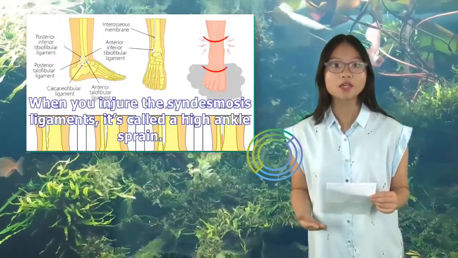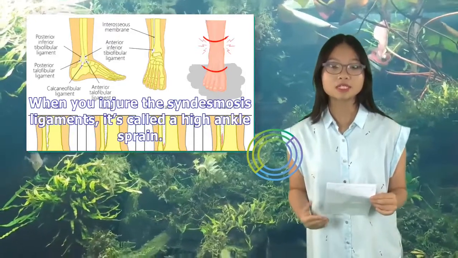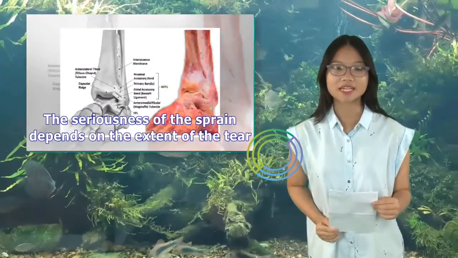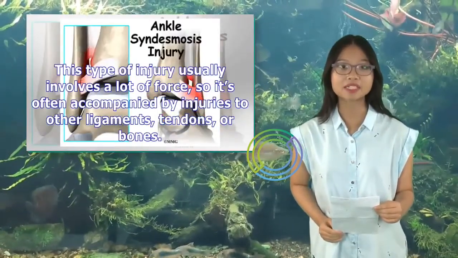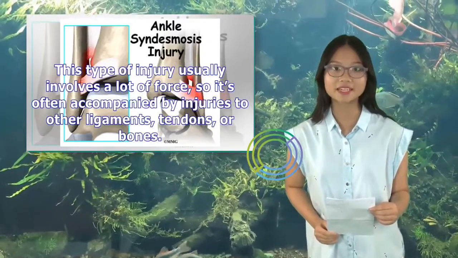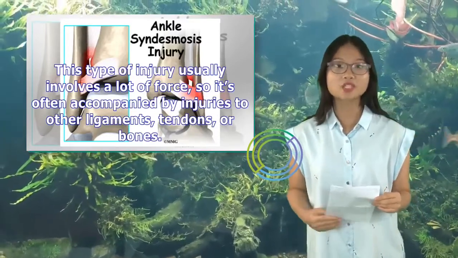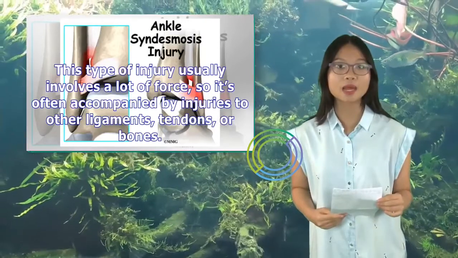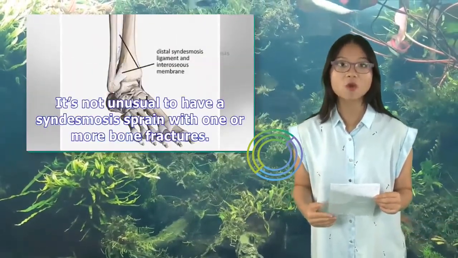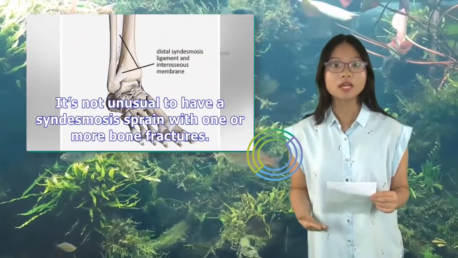When you injure the syndesmosis ligaments, it's called a high ankle sprain. The seriousness of the sprain depends on the extent of the tear. This type of injury usually involves a lot of force, so it's often accompanied by injuries to other ligaments, tendons, or bones. It's not unusual to have a syndesmosis sprain with one or more bone fractures.